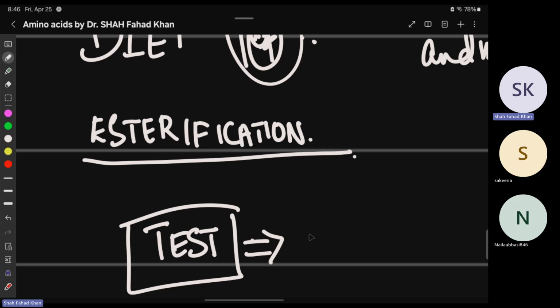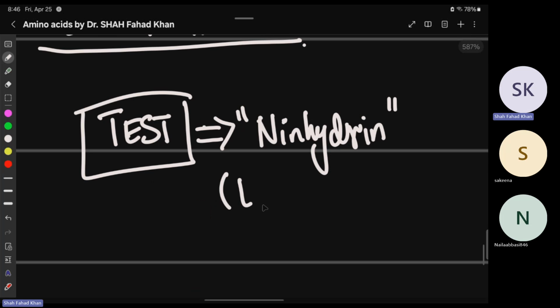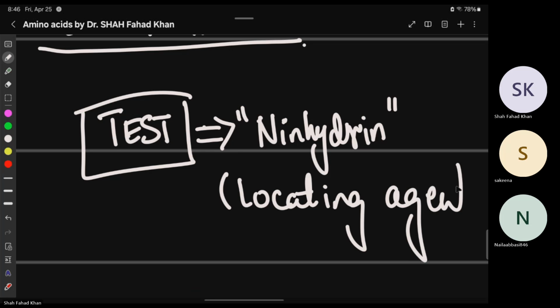The spray is called ninhydrin spray. Ninhydrin is a special locating agent that is used to locate the illegal proteins or amino acids. Because amino acids are colorless, ninhydrin reacts with them and produces colored spots. All right.